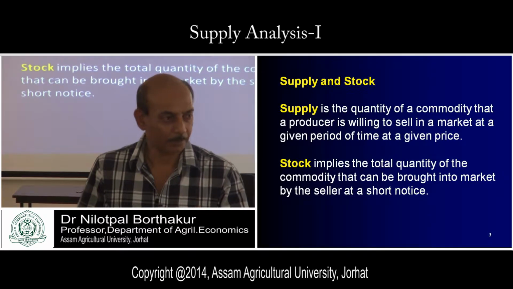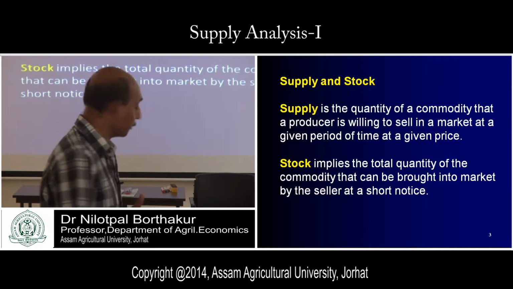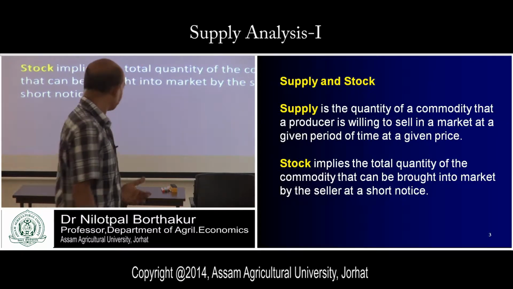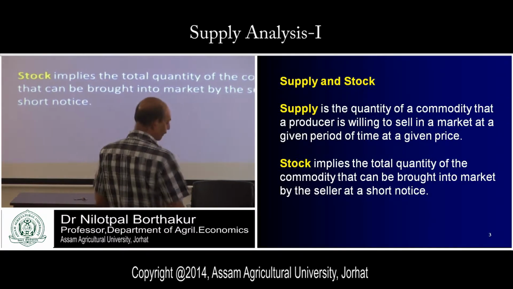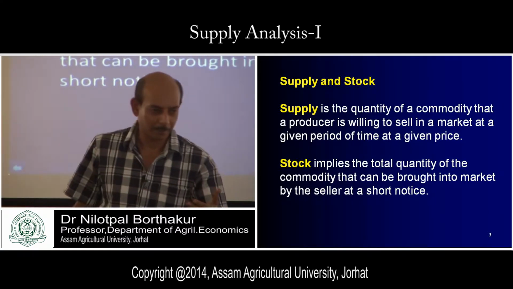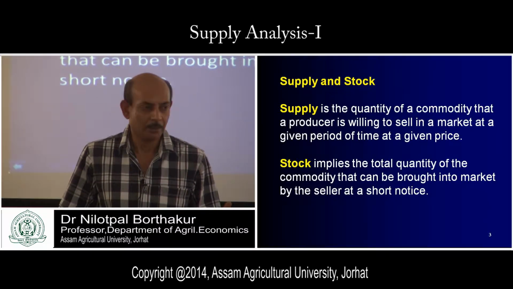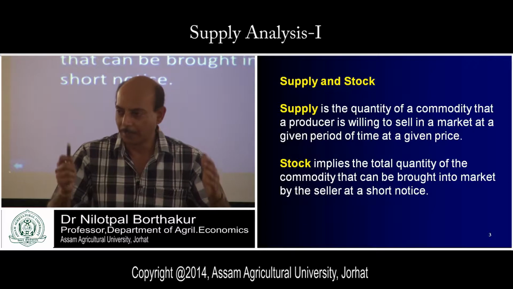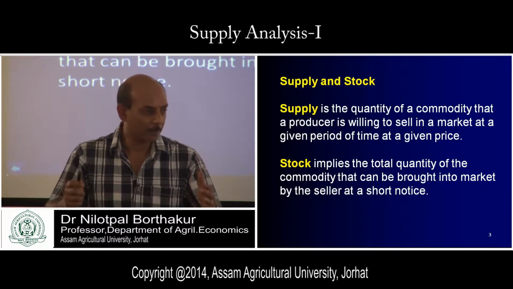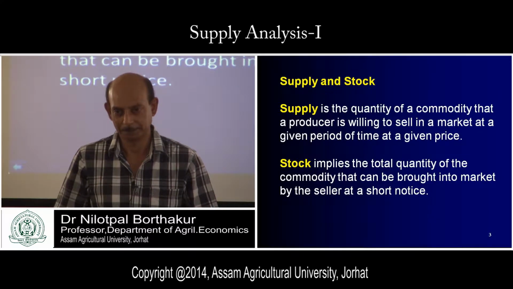He has brought this commodity to the market. But stock is the quantity of goods that can be brought to the market at a short notice. It is also meant for selling, but producers are not bringing it into the market because there may not be enough demand for that particular commodity on that particular day.